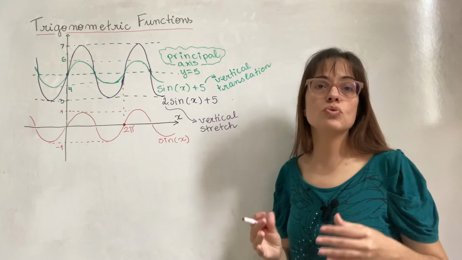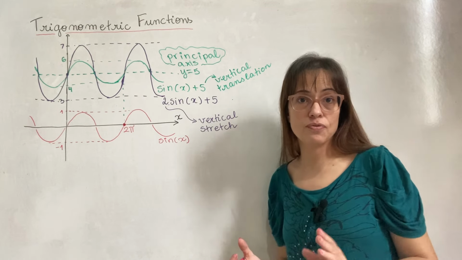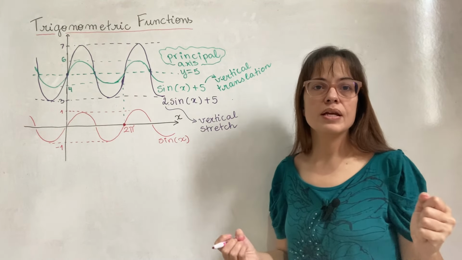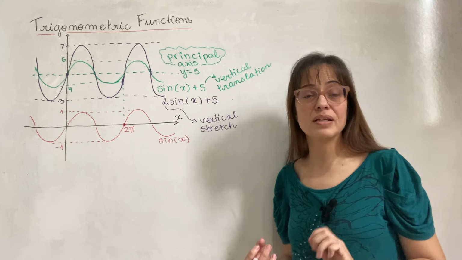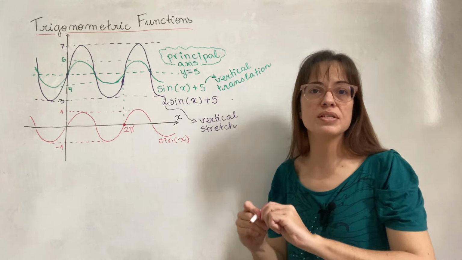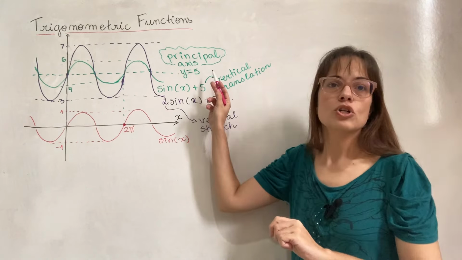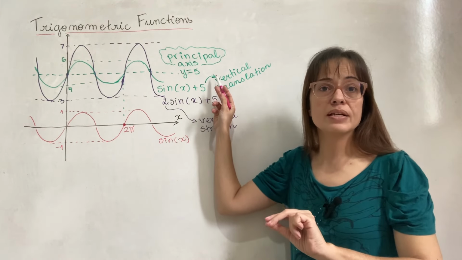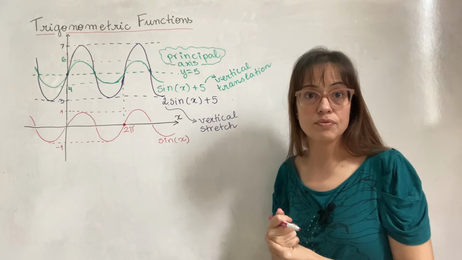So the way that you are going to recognize a sine function and distinguish it from a cosine function is not that you're going to say that it's starting at 0, but what you need to keep in mind is that the sine function starts at its own principal axis, which is the case of the 5 here. So it starts at the principal axis going up. That's how you recognize what is a sine function.